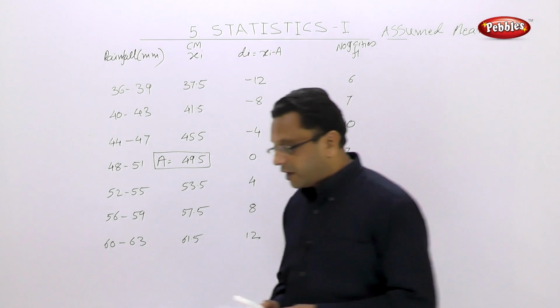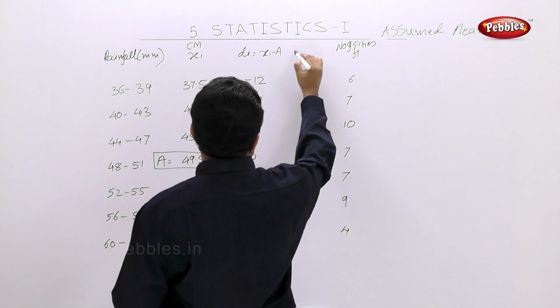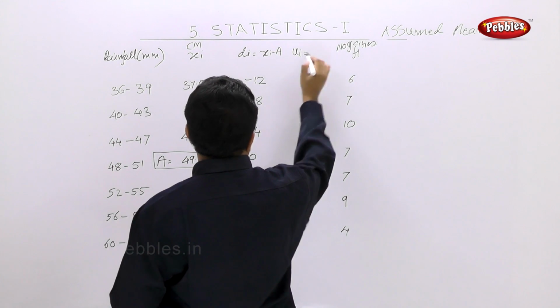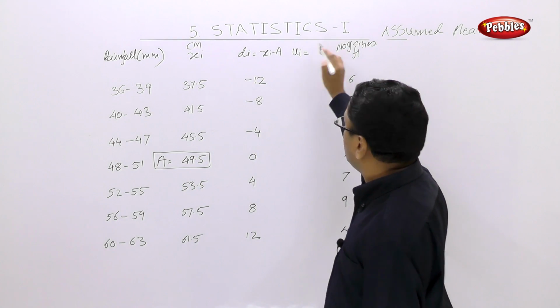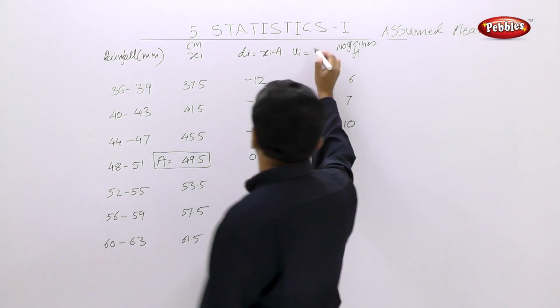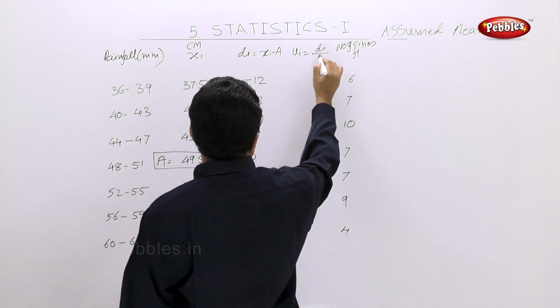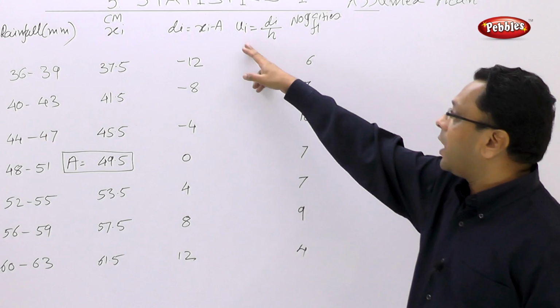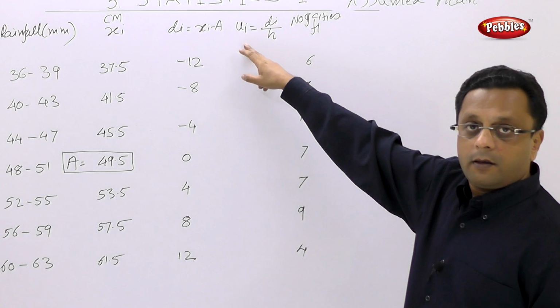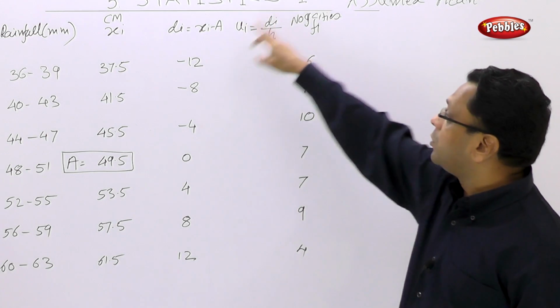And now I will find out ui. Now I am changing the scale. ui will be di upon h. So here I am going to find ui, change of scale, and ui is equal to di upon h.